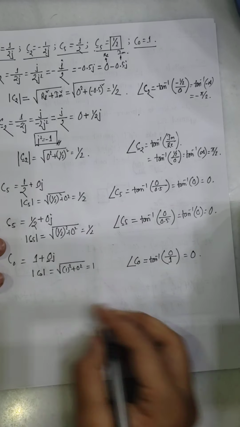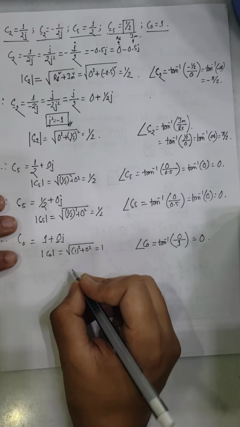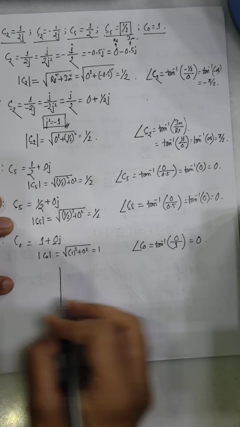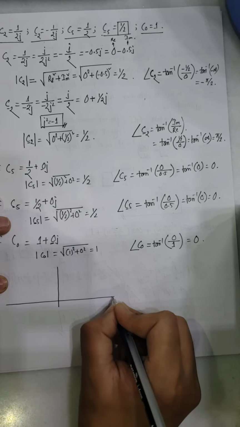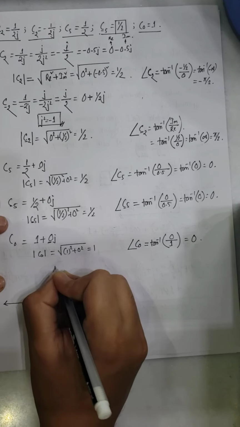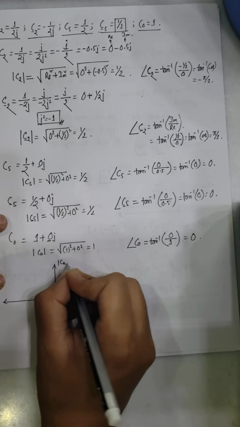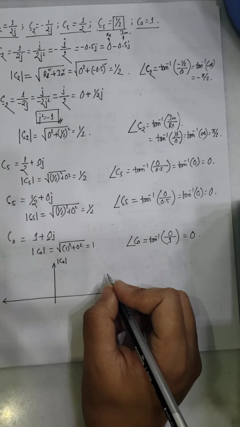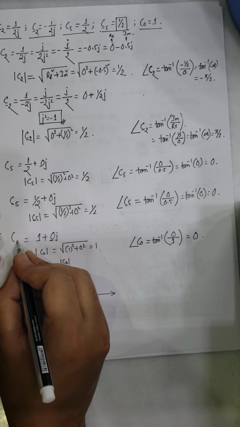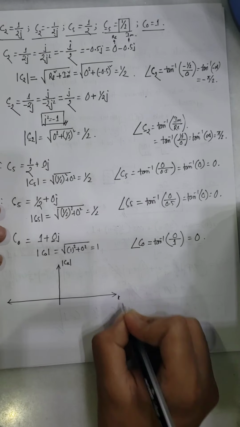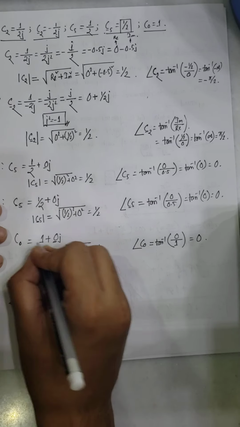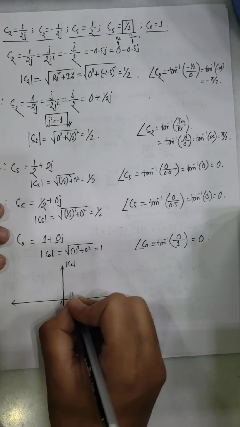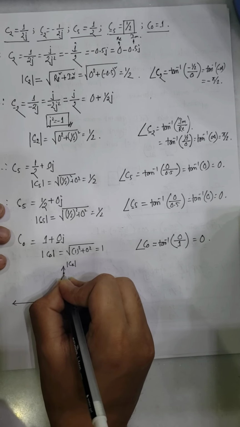So now if we plot the magnitude and the phase spectrum, here we first plot the magnitude spectrum C of k. At point k equals 0, the magnitude of C of k is 1.